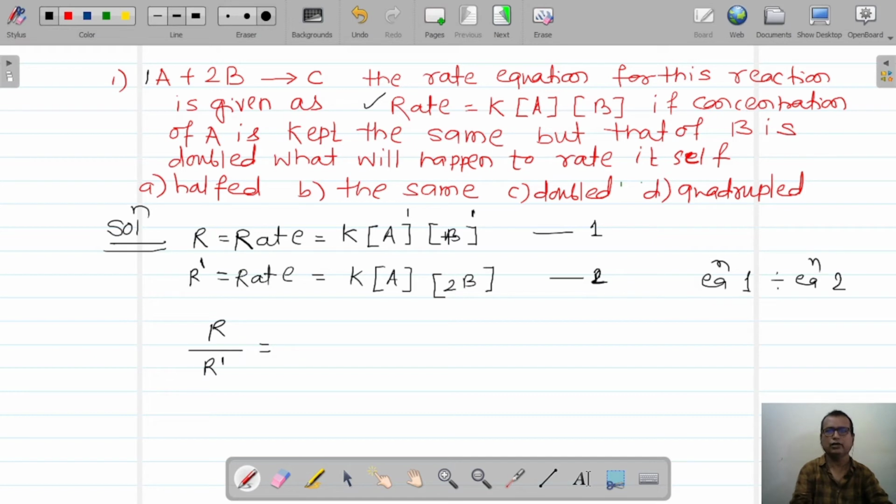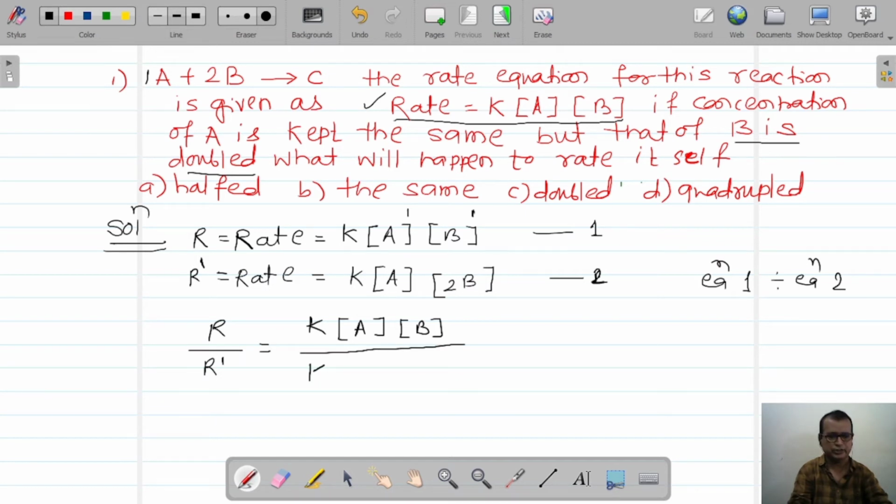This is our rate law first, which is given in the question. We are taking this rate law. The B is doubled. We are doubling the concentration of B. Then what is the relation between R and R dash? It is our question. Put this value: K into concentration of A into concentration of B raised to power of 1, raised to power of 1 is not important.